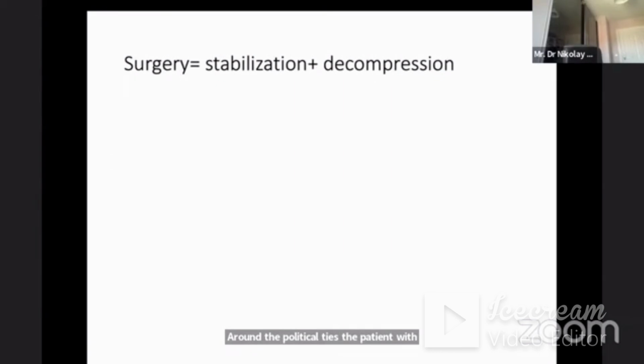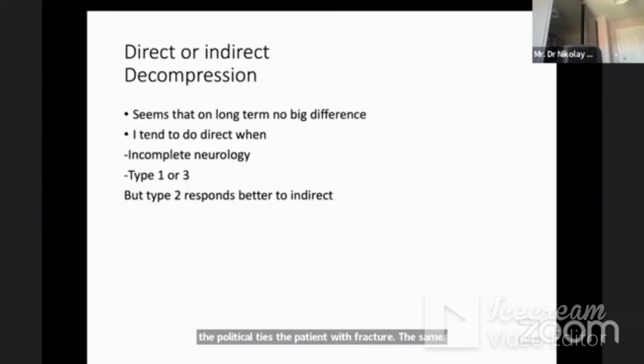Surgery aims at stabilization and decompression. Decompression can be direct or indirect, and it seems on the long term there is no big difference.